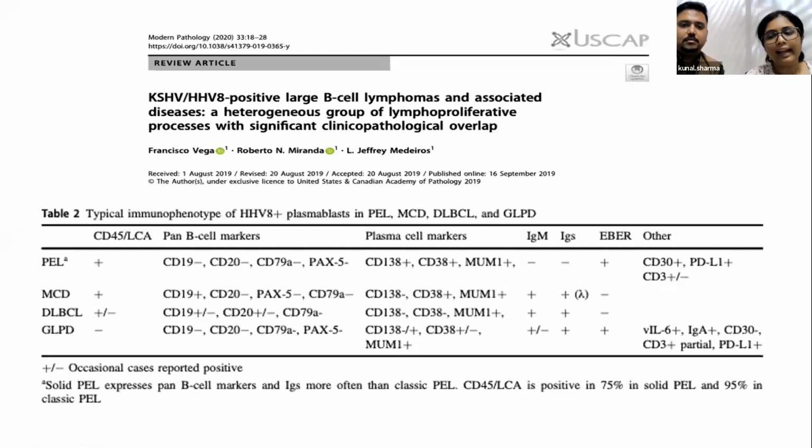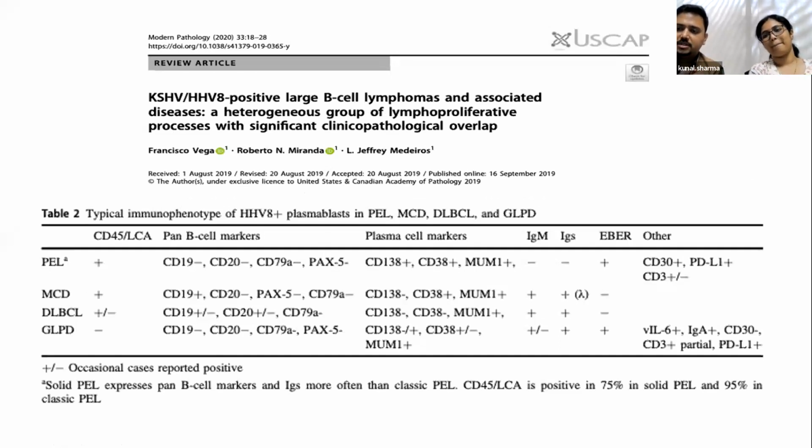There are rare cases of EBER-ISH negative plasmablastic lymphomas as well. But in the literature and also in the WHO, it's written that if you want to report a case of an EBER-ISH negative plasmablastic lymphoma, HHV8 should also be negative. And since it was an African patient with HIV positivity, we thought that this marker should be done. And we did it, and it came positive.